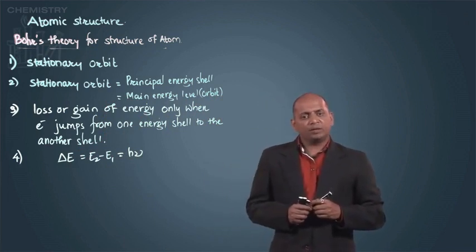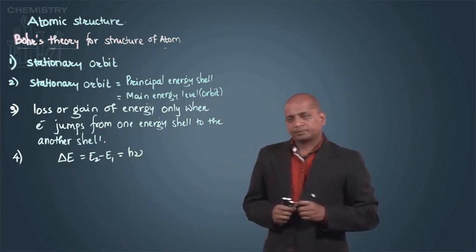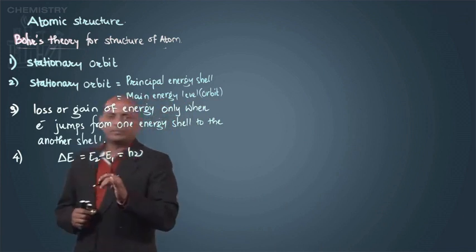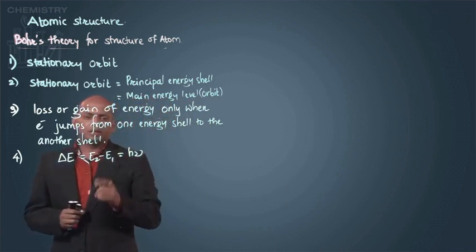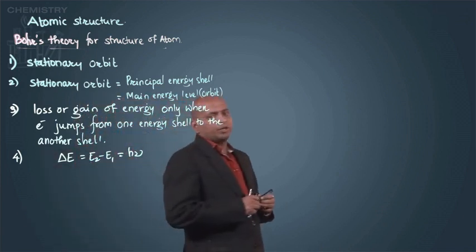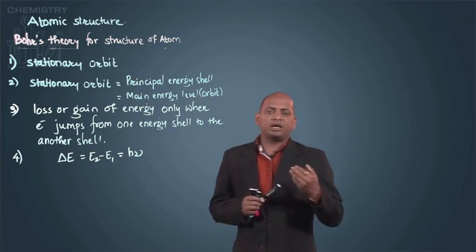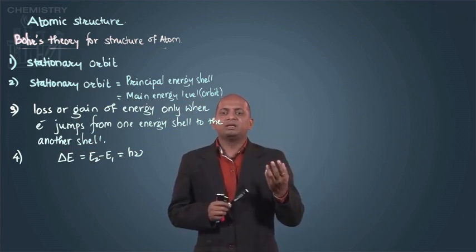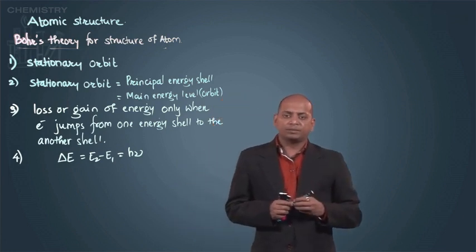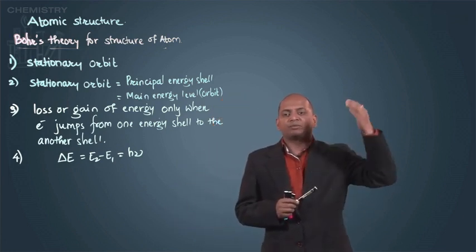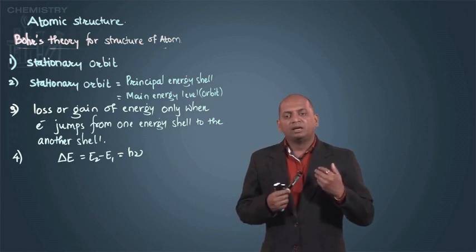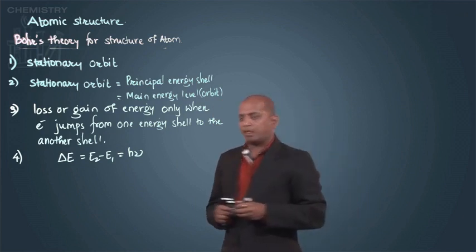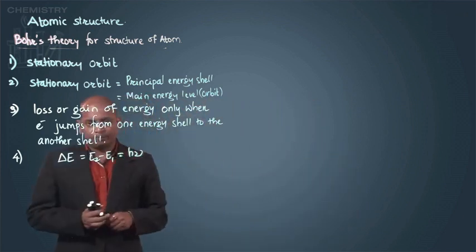If an electron jumps from the first shell to the second shell, then the electron absorbs energy, and if it comes from the second shell to the first shell, then it emits energy. So this is the new concept.